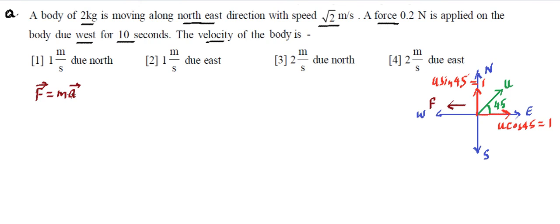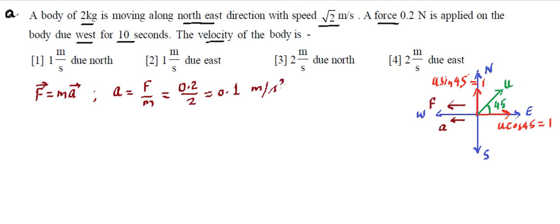The direction of acceleration is always in the direction of force, so here the acceleration will be acting in this direction. And how much will the value of a be? The magnitude of a is going to be the magnitude of F divided by m. The magnitude of F is 0.2 and the mass is 2, so you'll find 0.1 meter per second square.